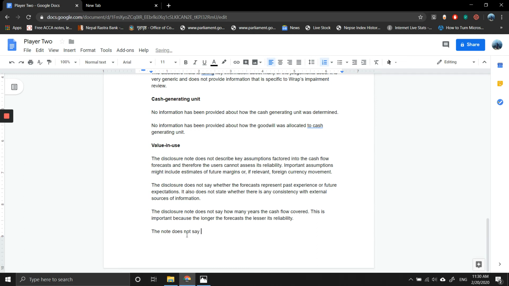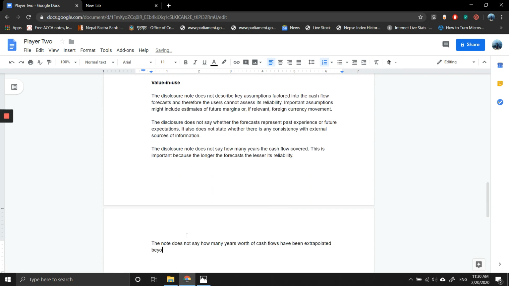It does not say how many years worth of cash flows have been extrapolated beyond the end of the budgeted period.